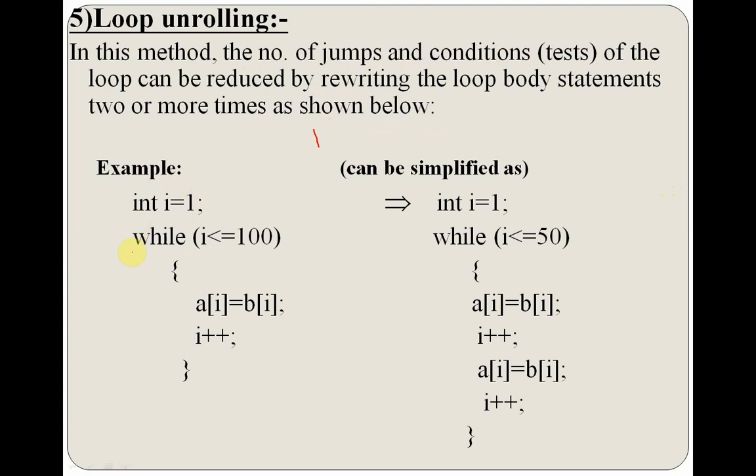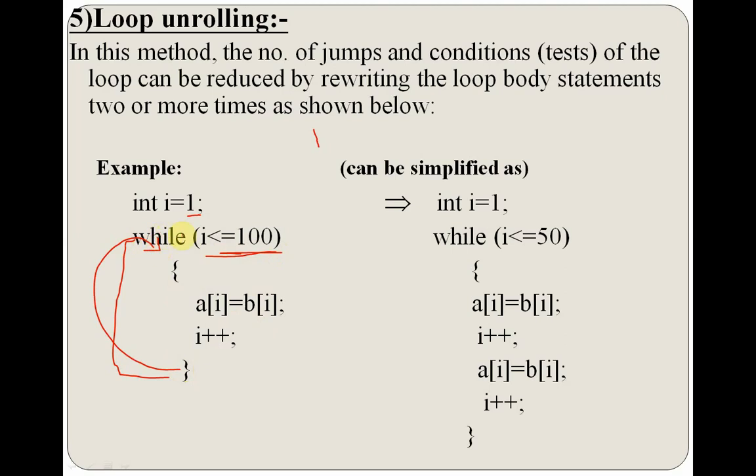For example, the loop contains 100 iterations. Here I equal to 1 and I less than or equal to 100 means this loop is repeated 100 times. This condition is verified 100 times and the loop body is executed 100 times. After executing each iteration, the control is transferred to the starting of the block.